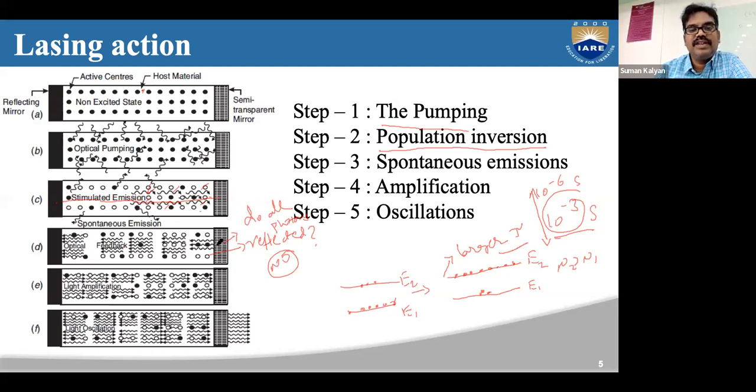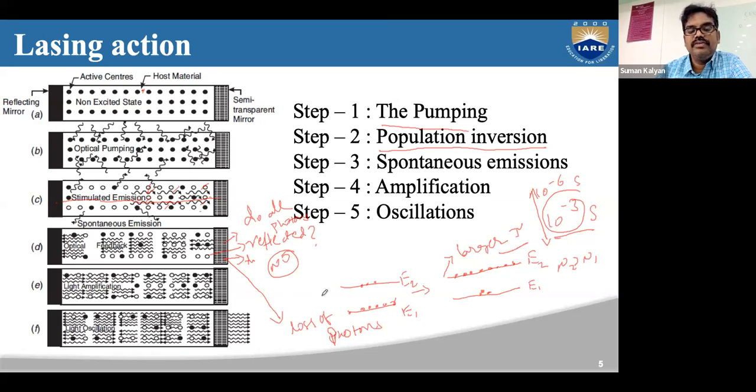Because of the semi-transparency, there will be some loss of light, or loss of photons, at this mirror. But there won't be any loss at this mirror because this is a 100% reflecting mirror.